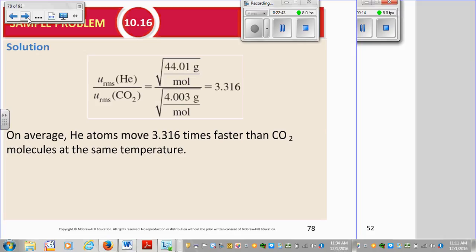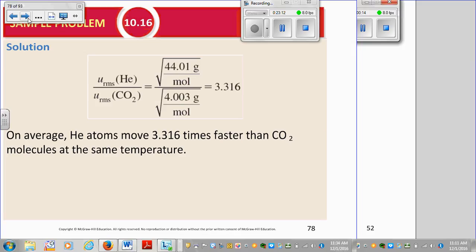So if I have two containers, one filled with helium, one filled with CO2, I'm going to heat them, assuming the containers are identical. Which one's going to burst first? One's got helium, one's got CO2.